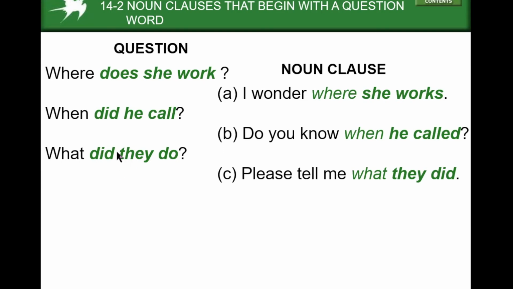And we have the helper verb. But in the noun clause formation, we have, please tell me what they did. They is the subject, and did is the verb in the past tense.